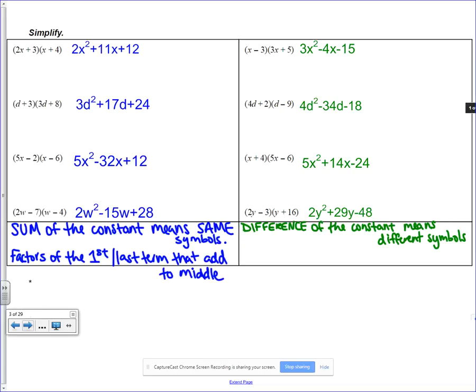Does that make sense to everybody? That's different than we've done before, correct? Okay. So over here, on the right-hand side of this chart, I need factors of the first and last term that do what? Subtract to the middle.